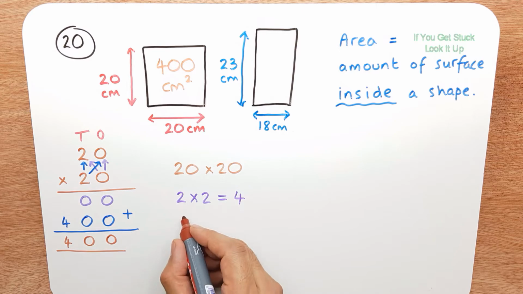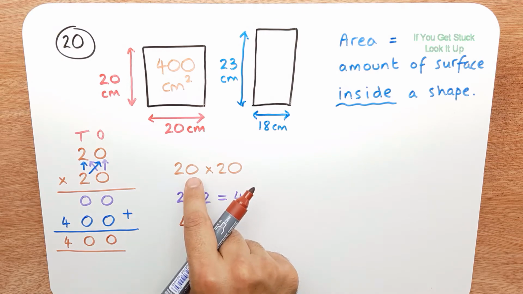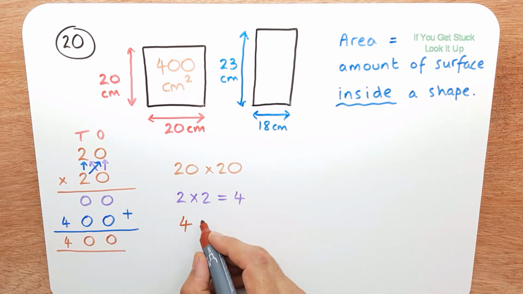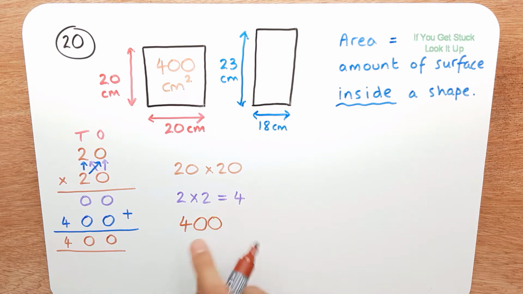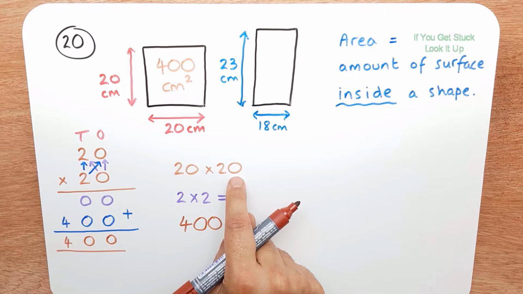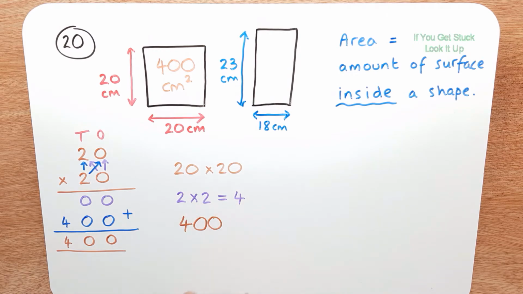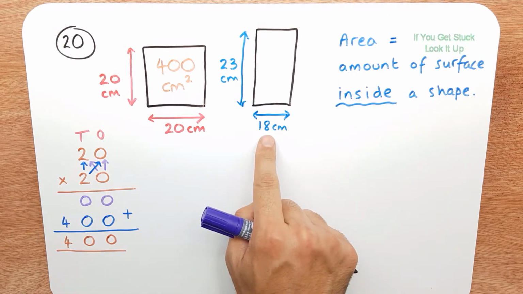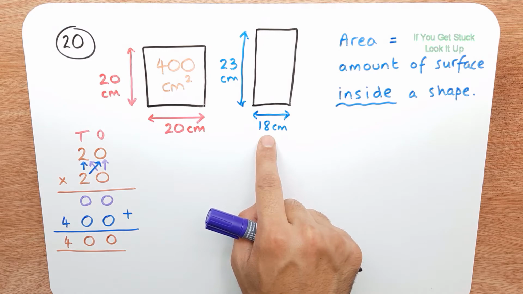So now I've got 4. And I simply bring this 0 and this 0 back. And I end up with 400 as before. So this is a shortcut. If you have two whole numbers and they both end, or one of them ends in 0, you can do this shortcut.